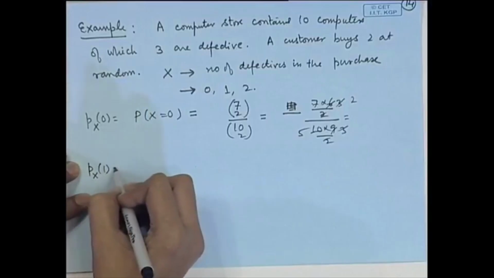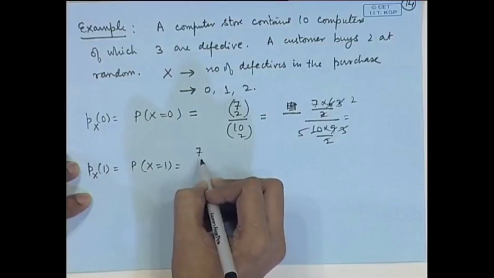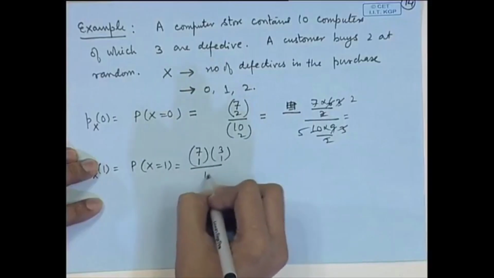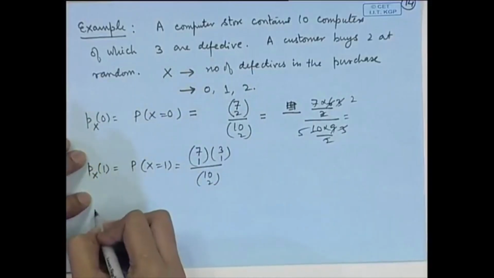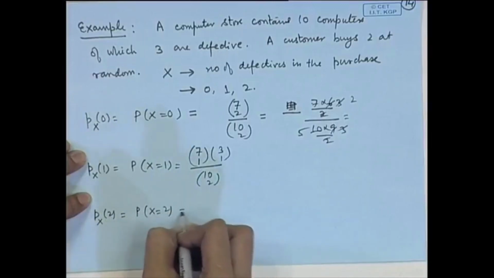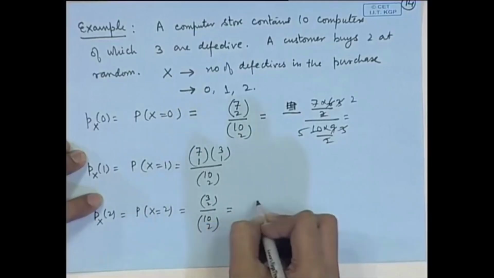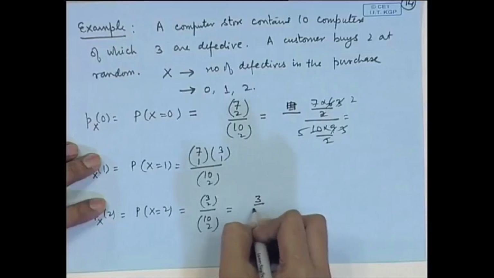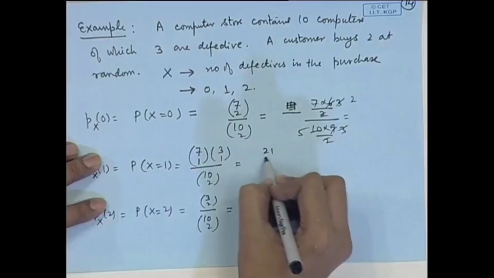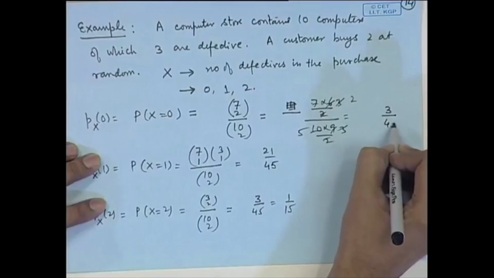If I consider probability X equal to 1, then it is equal to 7C1 times 3C1 divided by 10C2. If we consider p_X(2), that means both purchased are defective, then it is equal to 3C2 divided by 10C2. So, all of these values can be calculated: 3 by 45, that is equal to 1 by 15, this is equal to 21 by 45, and that is equal to 3 by 45.